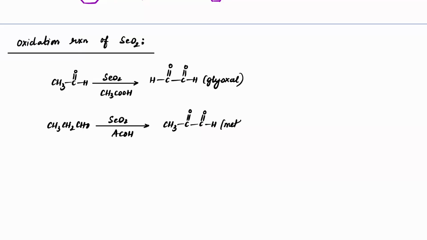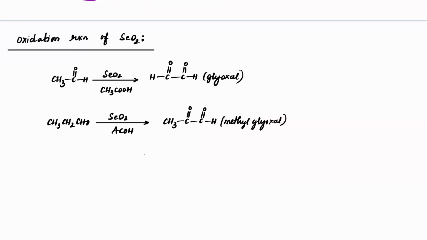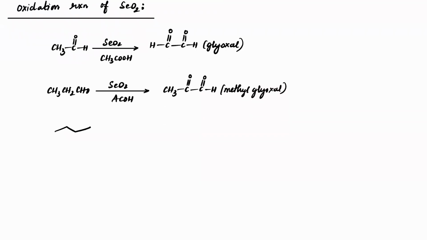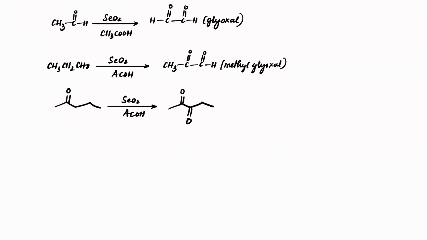So this is methyl glyoxal. Correct. In case you have two different alpha sides, you should always go for the more stable enol form. Which side will have the more stable enol? Right-hand side. So this is the major product that you will report.